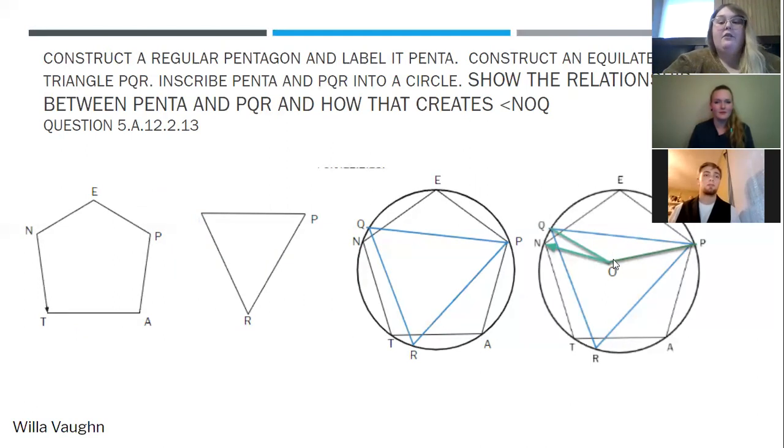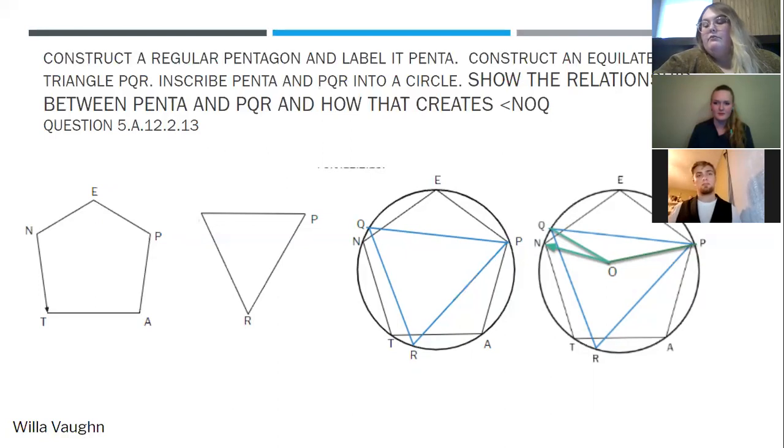We have angle NOQ right over here, and I'm actually going to move our faces real quick so we can see it better. So you can see as soon as the angle NOQ is formed, you have a triangle that's formed, angle POQ. Because triangles are 180 degrees, that's what you use as your measurement. And so now you can find the interior angles.